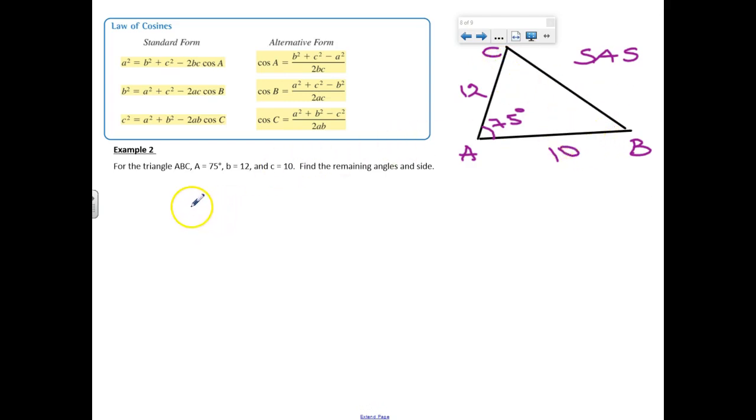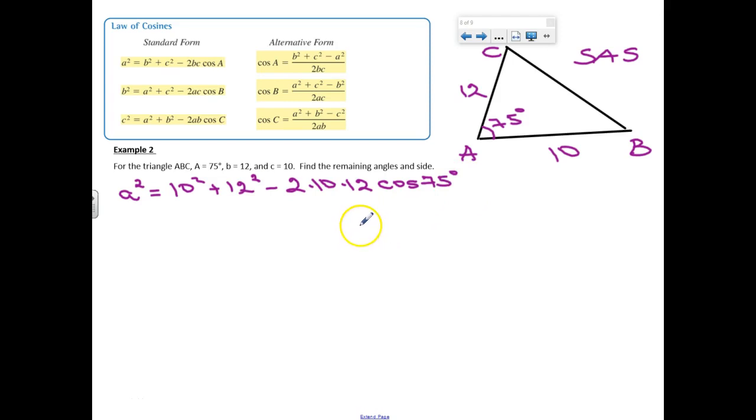To find the third side, in this case we're looking for A, we can go ahead and use law of cosine. A squared is equal to 10 squared plus 12 squared minus 2 times 10 times 12 times the cosine of the given angle.